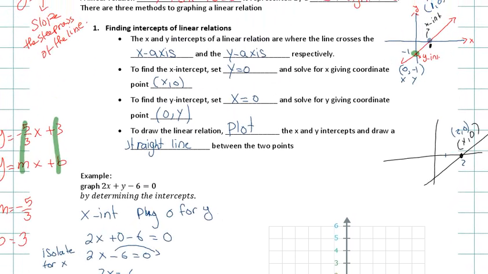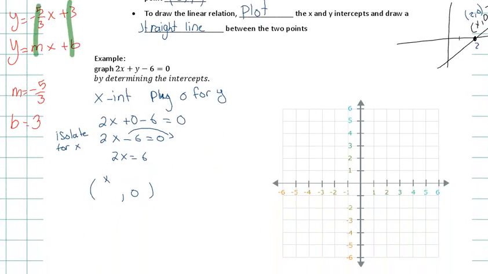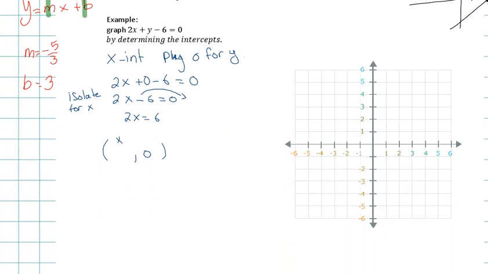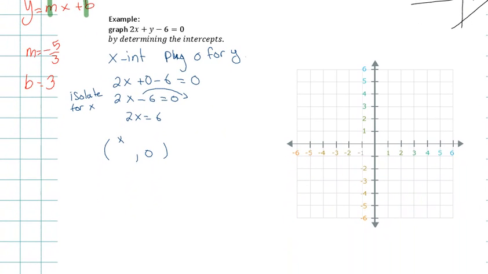In 2x plus y, if we're looking for the x-intercept, we know y is 0. And then you get the opposite one. We're going to have to find the y-intercept after this, and that would be x equals 0.